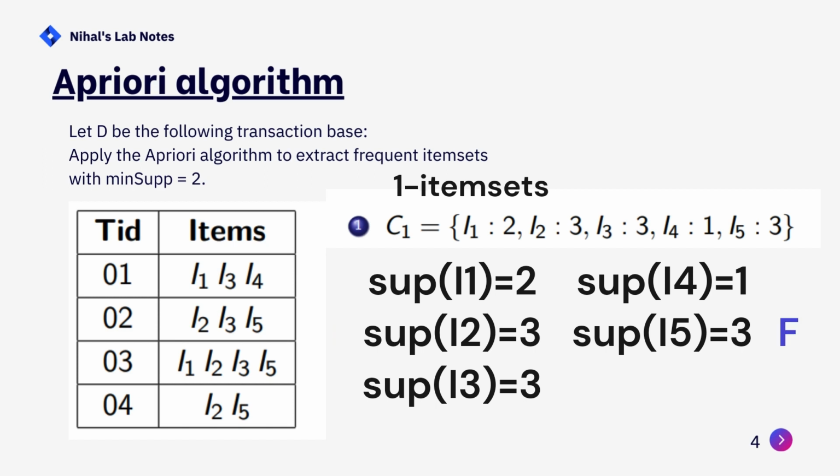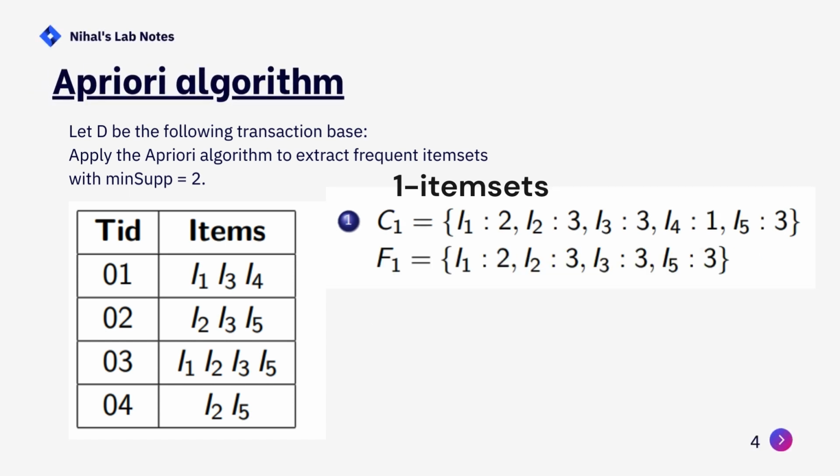But I4 is not frequent because I4 has 1 as a support, and 1 is less than 2. As you see here, we have the set of frequent item sets F1: I1 with support 2, I2 with support of 3, I3 with support of 3, and I5 with support of 3.